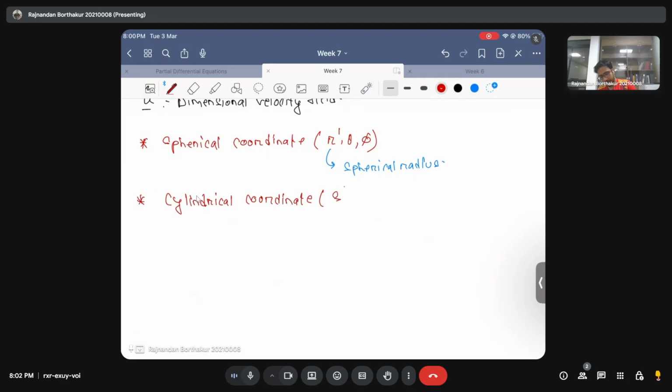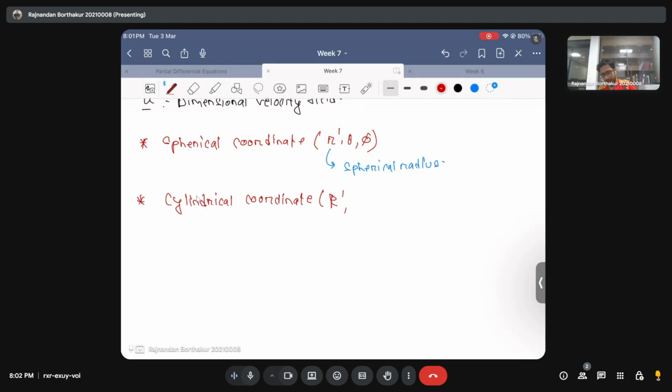Where rho prime is the cylindrical radius, don't confuse it with density. Maybe let's not call it rho prime, we'll call it capital R prime, where capital R is the cylindrical radius and small r is the spherical radius. Please keep that in mind.